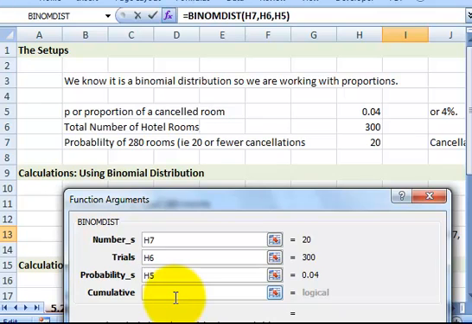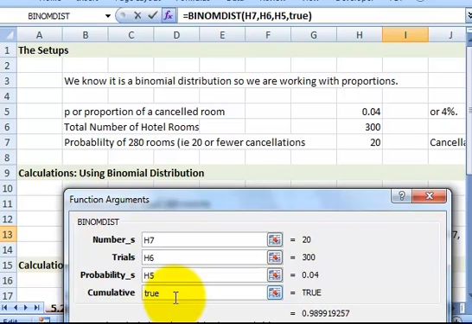4% cancellations. Now this last thing, cumulative: we want 20 or fewer cancellations. If we said false here, we would get the probability of exactly 20 cancellations. That's not what we want. We want a cumulative, the probability of 20 or fewer, so we will say true here. Excel gives you the choice.